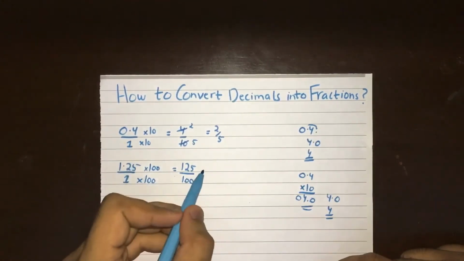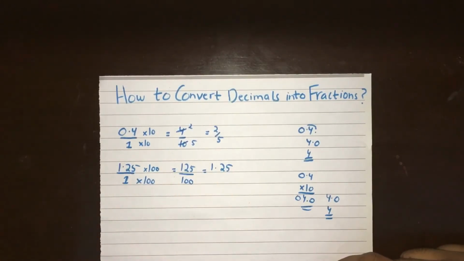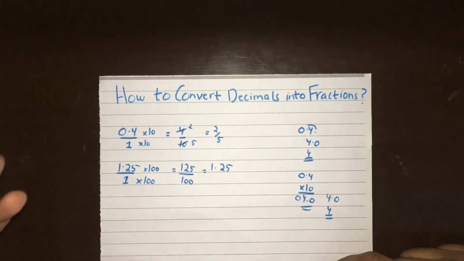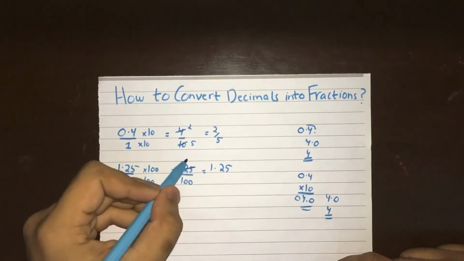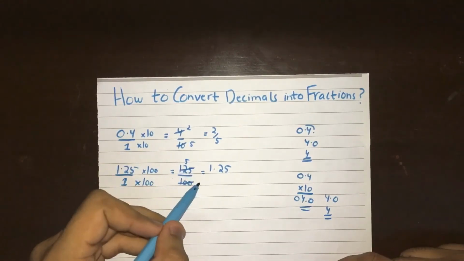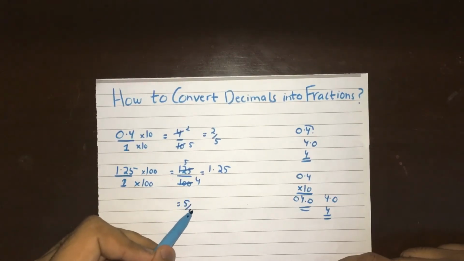Now simplify it. If we need to convert 1.25 into a fraction, we simplify by dividing by 5, which gives 5 and 4, which means the fraction will be 5/4.